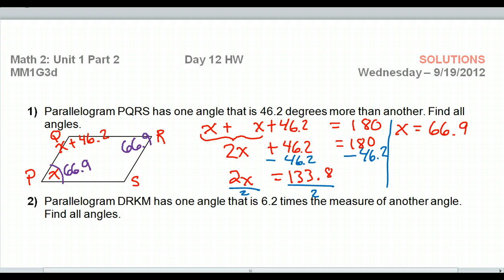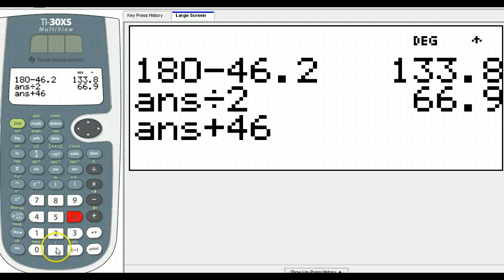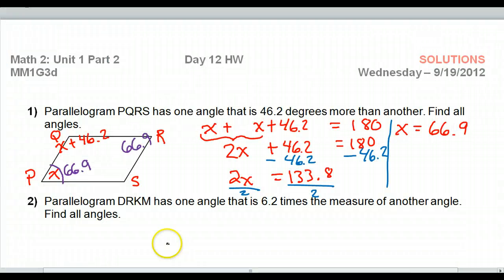So the other angle is going to be 66.9 plus 46.2. So that's 113.1. Okay, so this angle, like angle Q, is 113.1. So is angle S.